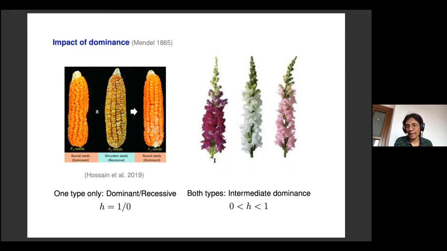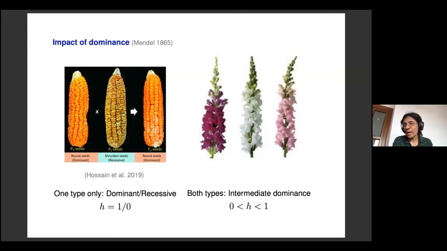There were these pea plants. When you have round ones and wrinkled ones, you always see the round pea seeds. Here's another example. If you cross this round seeds corn with a shrunken seeds corn, you see only round seeds. Then you will say that the round seeds corn is a dominant one, and the shrunken seed one is a recessive one. But that's not always true.